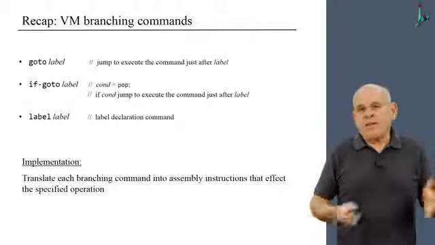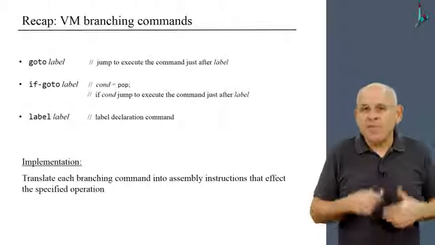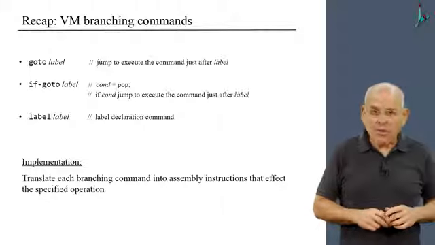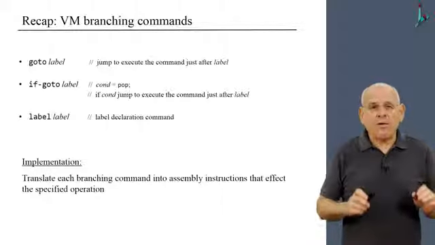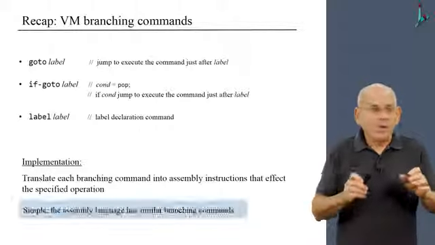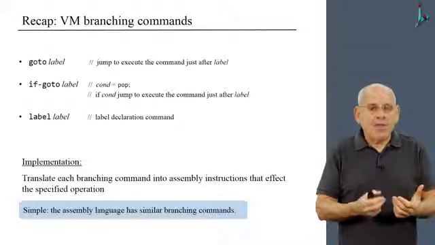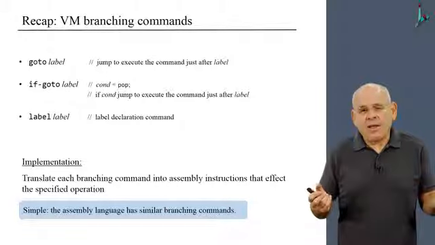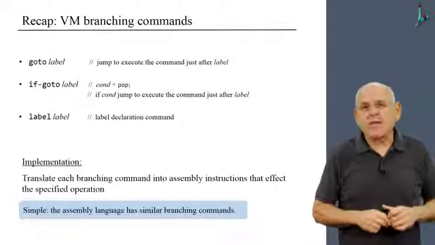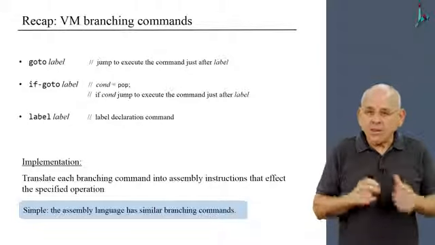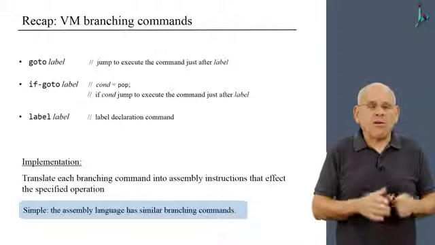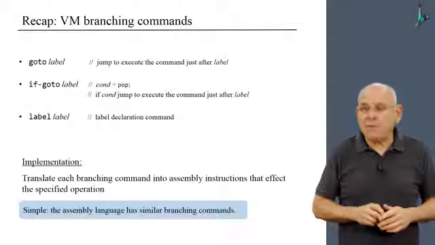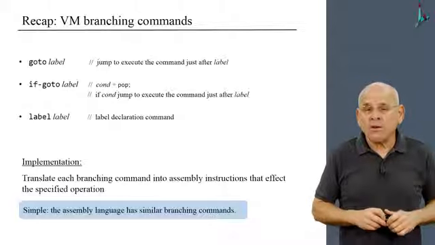Now, I assume that you went through the trouble of reviewing assembly language as we requested in module 0 of the course, and if you did that, you should know that the implementation should be extremely simple, because the assembly language also has go-to commands whose flavor and style of execution is almost the same as the go-to commands of the VM language. And therefore, the translation in this case of VM branching commands to branching in assembly is a rather simple exercise. And we expect you to do it on your own.